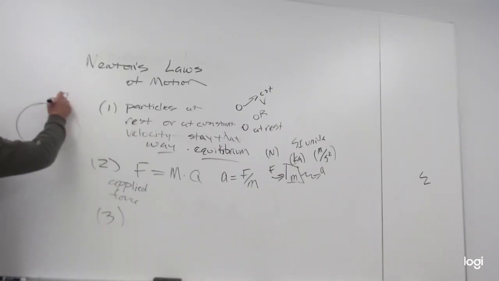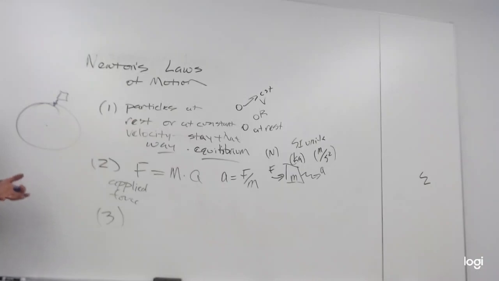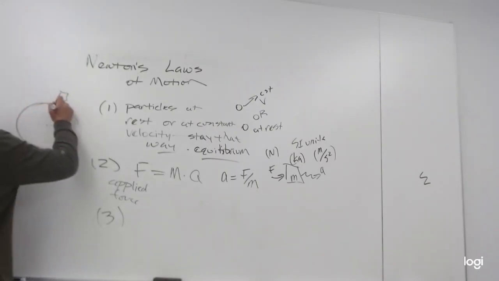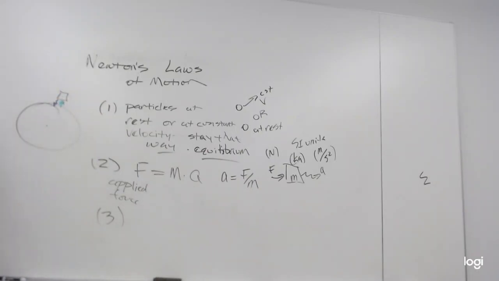I'll put it up here in the air. You remember that the Earth applies a gravitational force towards its center on the object. And in fact, the object is applying an equal and opposite force in the other direction, on the planet Earth. I'll do it in green.